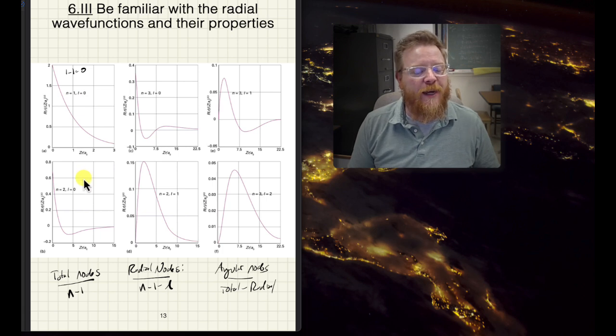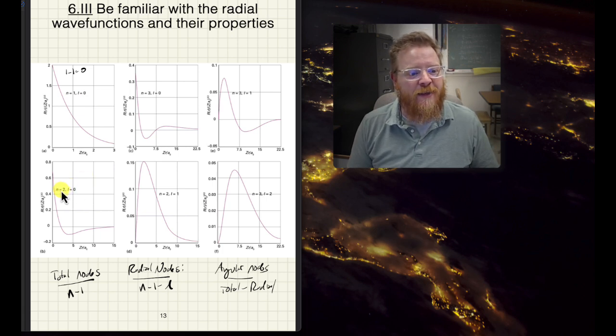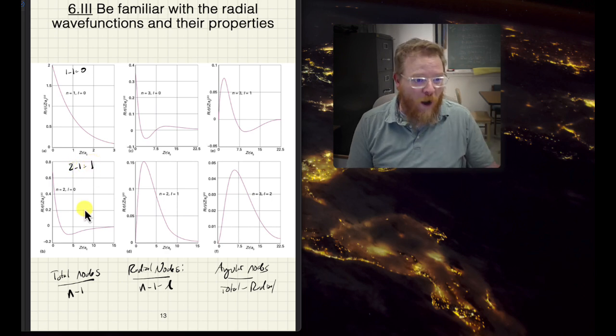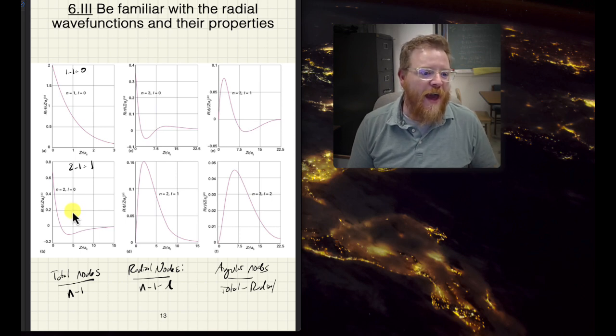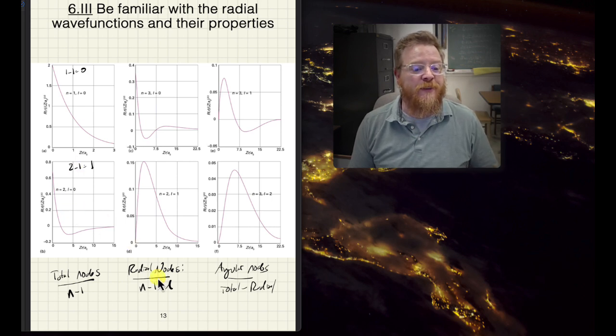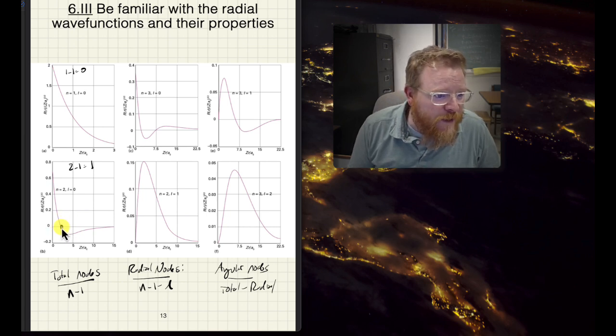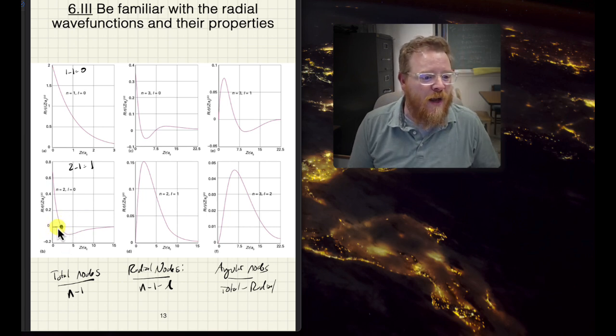So now if we look at the next entry down, n is 2 and l is 0, we can see 2 minus 1 gives me 1. So I have one total node. And that total node, you'll notice, has to be a radial node from the 2 minus 1 minus 0. And the radial node is right there. There it is, where psi crosses the x-axis.